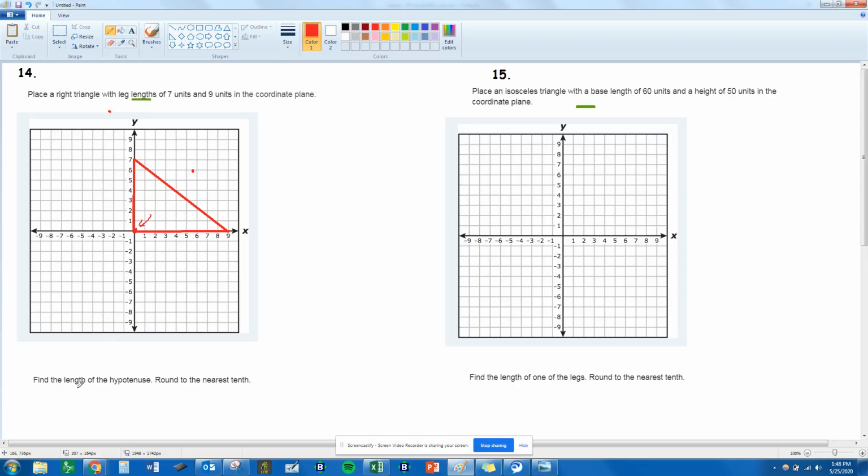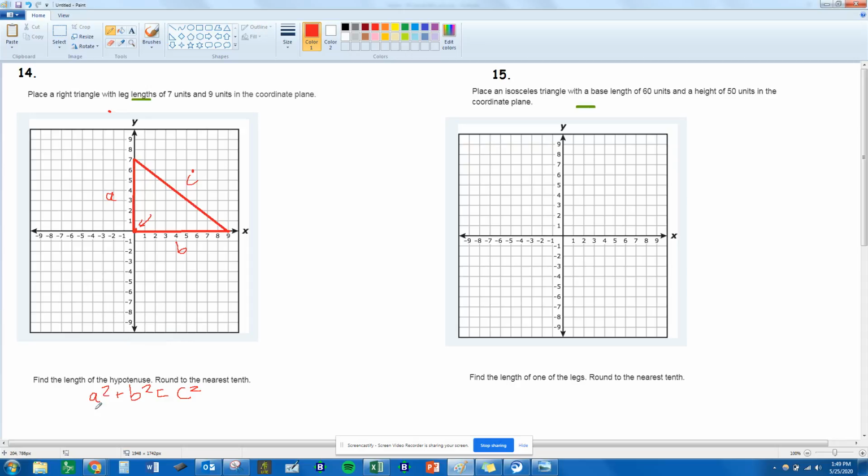Now, the second part of the problem says find the length of the hypotenuse round to the nearest tenth. Well, remember Pythagorean theorem, we have sides A, B, and C. So in order to find side C, we're going to do A squared plus B squared equals C squared. So I'm going to fill in the blanks there.